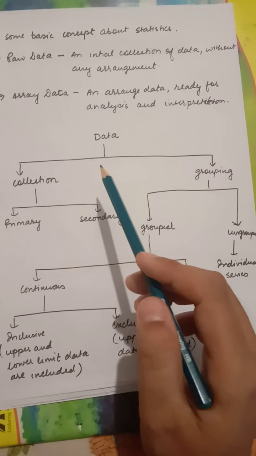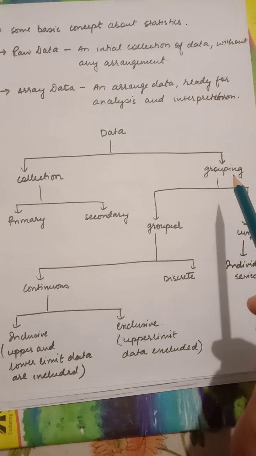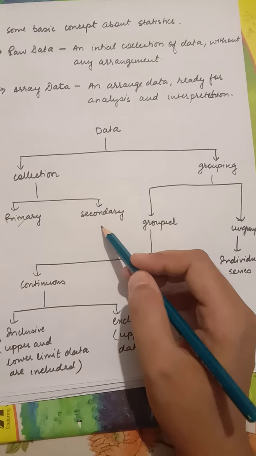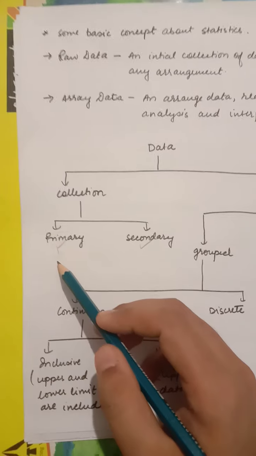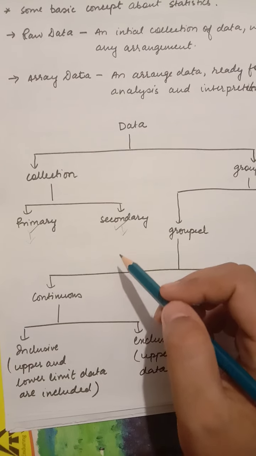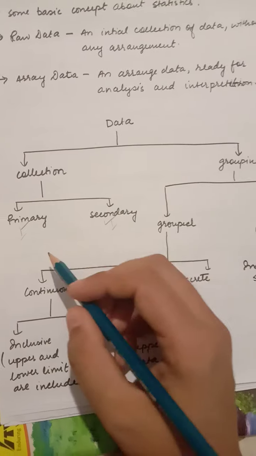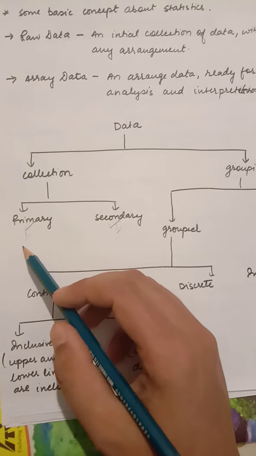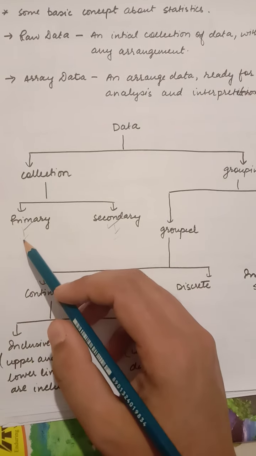Let's classify the data. Data can be classified on the basis of two things: one is the collection of data and another is the grouping. The first is collection of data, that is primary data and secondary data. When we initially collect some new data, it is called primary data, and when we take it from the sources of any primary data, that is called secondary data. For example, when you go enumerating in your locality about the weights or the BMI of the families, that is primary data.